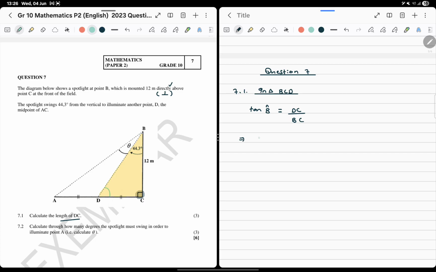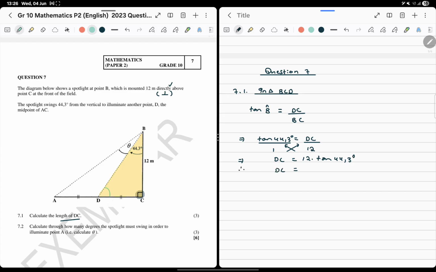This implies that we have the tangent of 44.3 degrees equal to DC, which is what we want, divided by 12. Of course, this is over 1. We cross multiply there, and we will see that DC is going to be 12 times the tangent of 44.3 degrees.